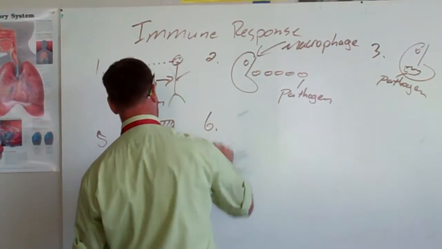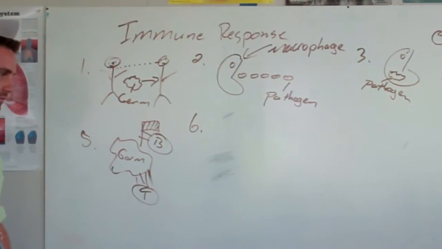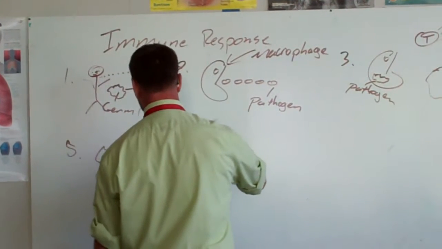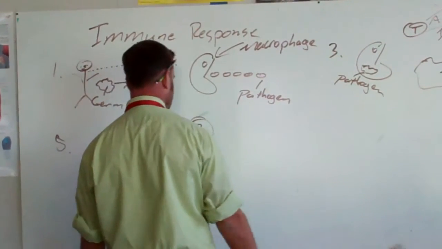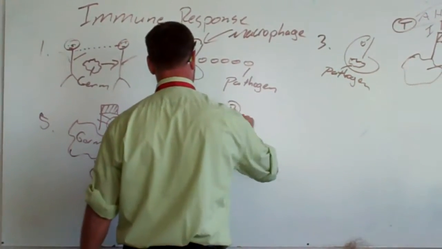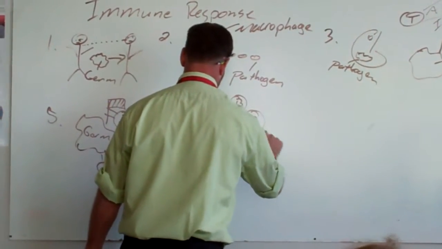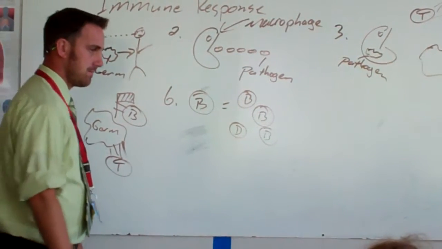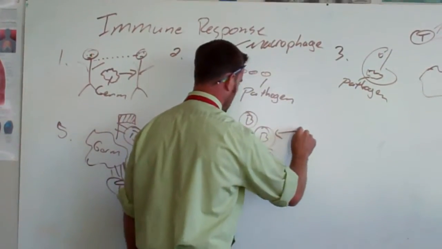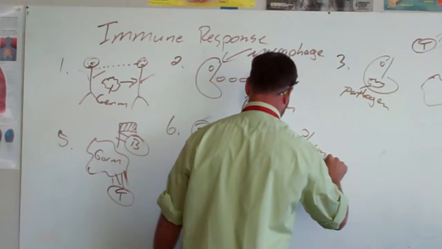Step 6. B cells split to produce plasma cells. So now we get B cells, and these B cells are going to become more than one. They're going to split and divide, and they call these B cells plasma cells.